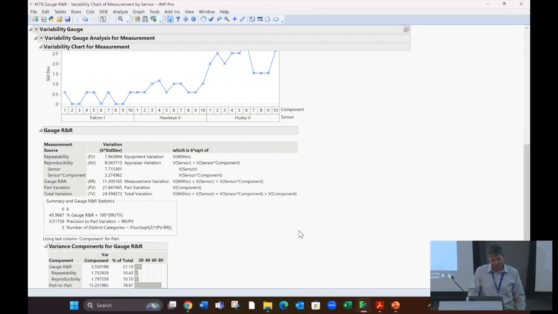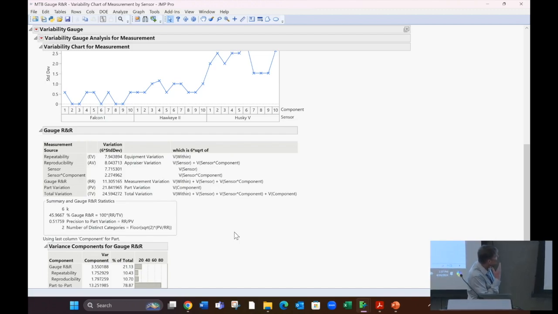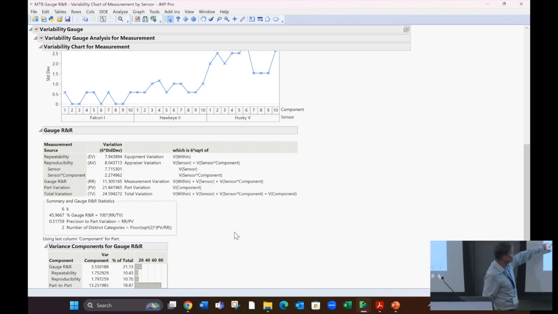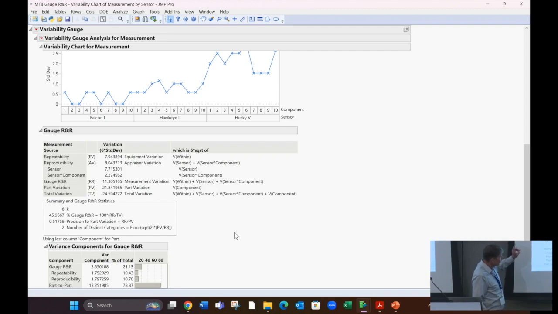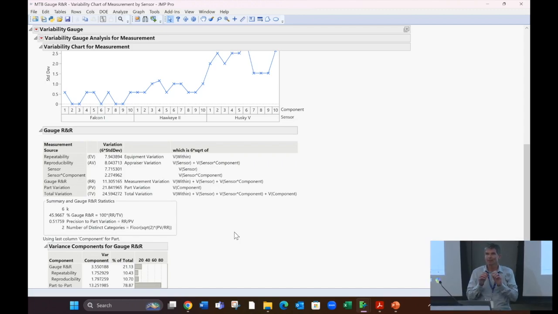And here's my gauge R&R. What we have is the variance components down here. Ultimately, 79% of the total variability in all this data is attributed to part-to-part variability. This is a good thing.